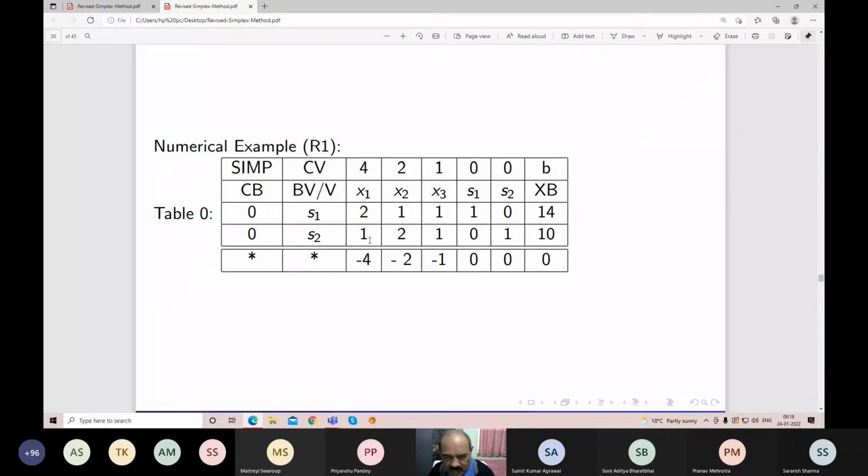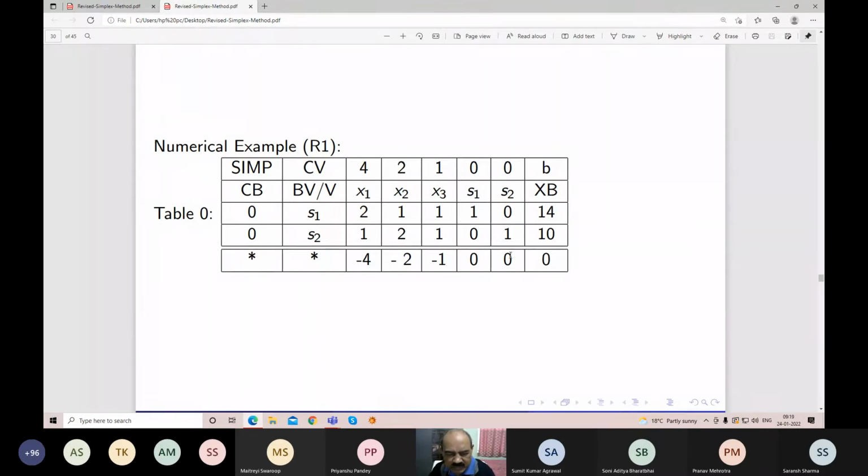S1 was the first basic variable, so it has the first column. This first column is replaced by 2, 1, so the first column becomes 2, 1 and the second column is 0, 1. That is our new basis matrix.